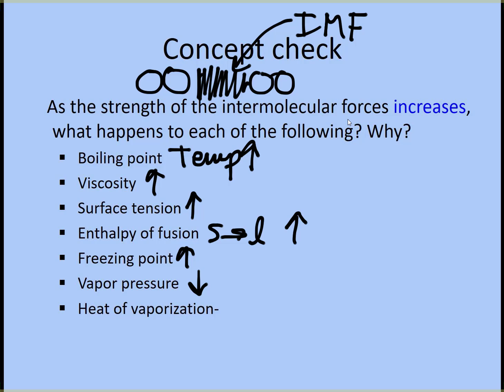If you take the vapor pressure, you're going to find that water has a lower vapor pressure than most substances that are the same molecular mass, and that is because it has high intermolecular forces. Your heat of vaporization, this is the heat required to go from a liquid to a gas, and you're going to see that that will be higher because it has an increase in intermolecular forces.